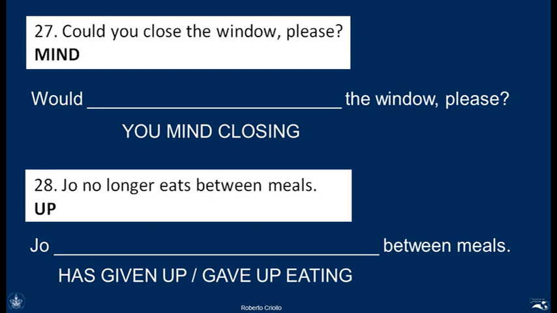So we need a multi-word verb, which is to give up something, not to do something anymore. Okay, so this is basically the correct answer. You can use the present perfect, has given up, or you can use the past simple, gave up.